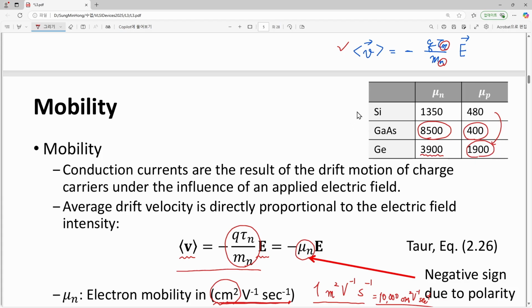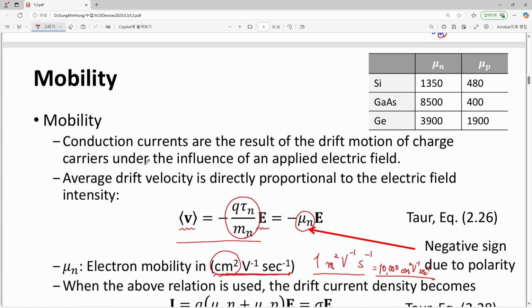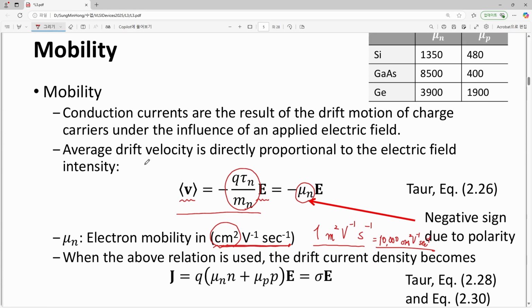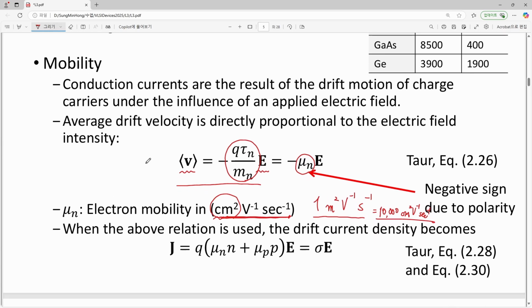And you know that silicon has much higher electron mobility than hole mobility, so increasing the hole mobility is quite important, and introducing some germanium into silicon devices is a good way to increase especially the hole mobility. We will talk about this technique later if we have sufficient time.